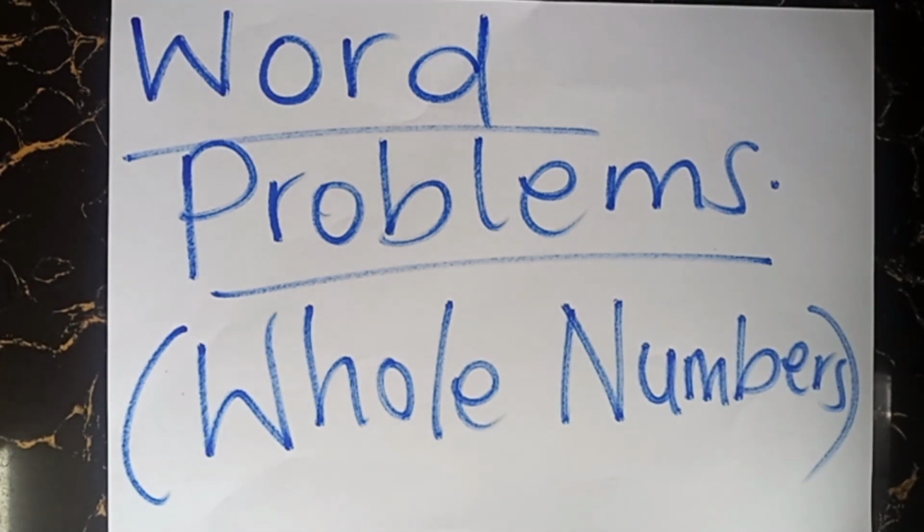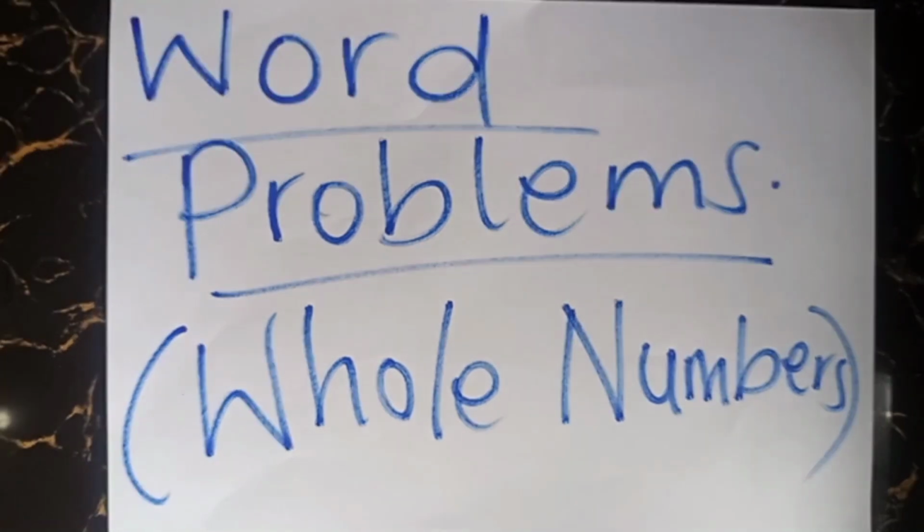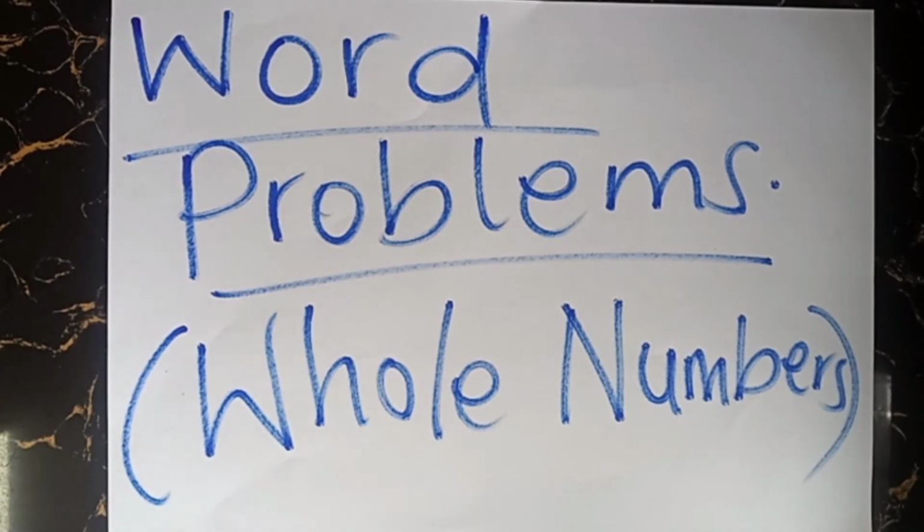The second step is to identify the keywords that we've talked about. The third step would be to write what you know and what you don't know, so basically write what you understand from the question. And the last step would be to work it out.